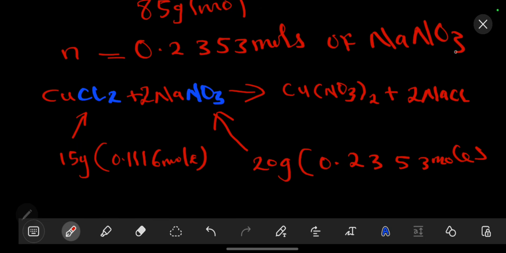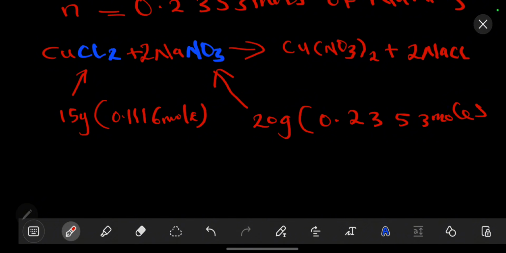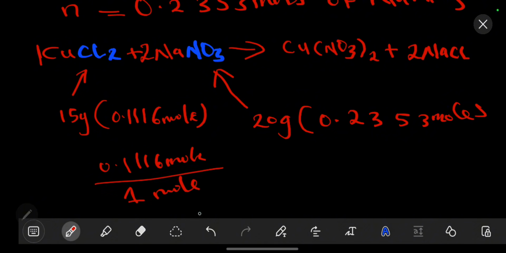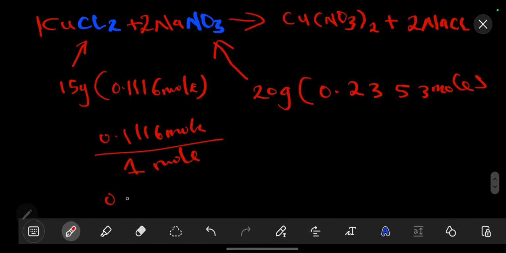As we can see, for copper 2 chloride there's a 1 there, so we divide 0.1116 moles over 1 mole. It will just be equal to whatever we have, 0.1116 moles.